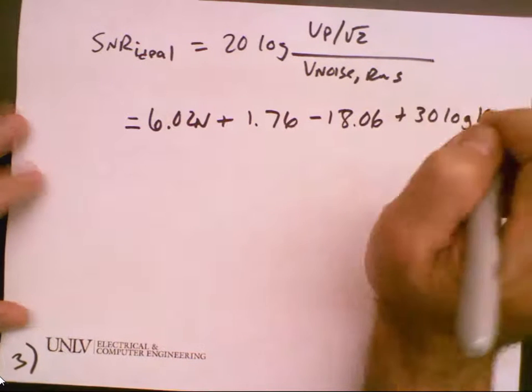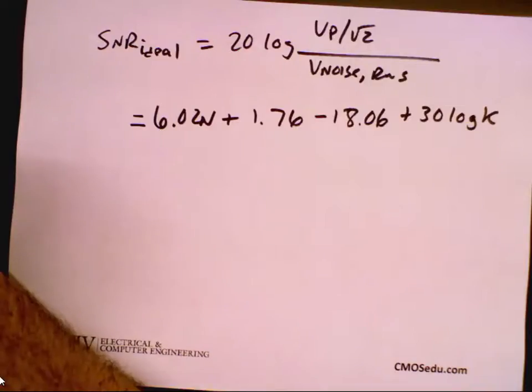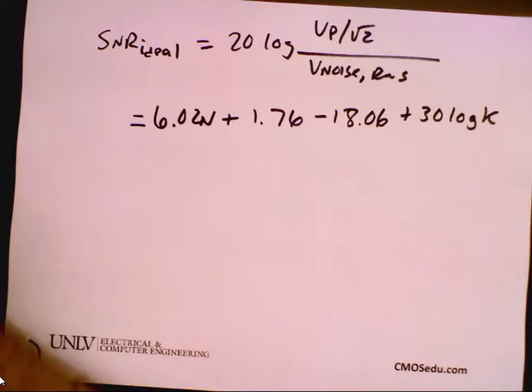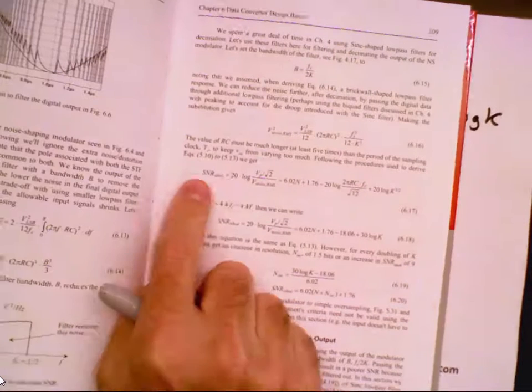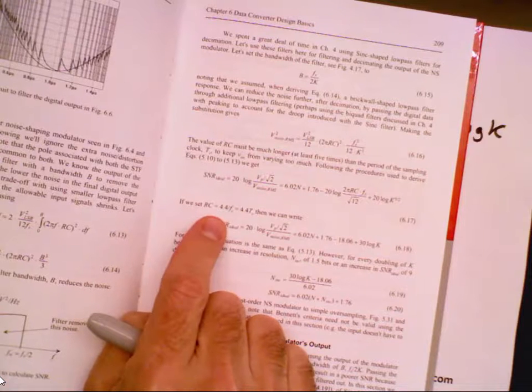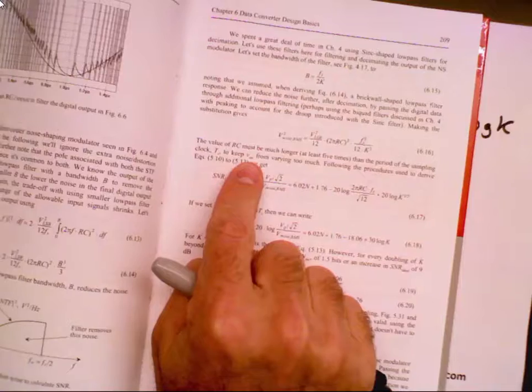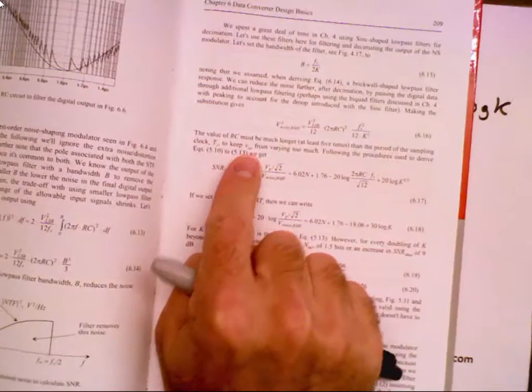The value of RC must be at least 4.5 times the sampling period to keep TS and VN from varying too much. If we set, well, wait. So remember this discussion here of the VINT, that's only for passive.